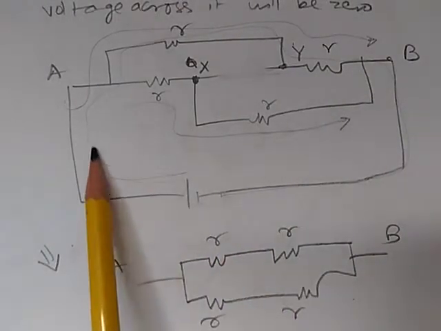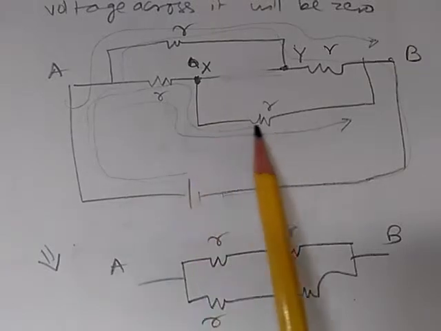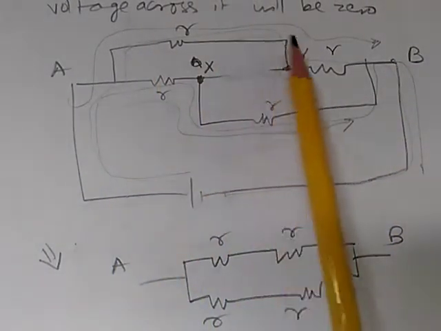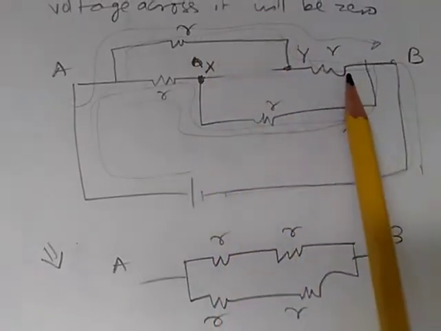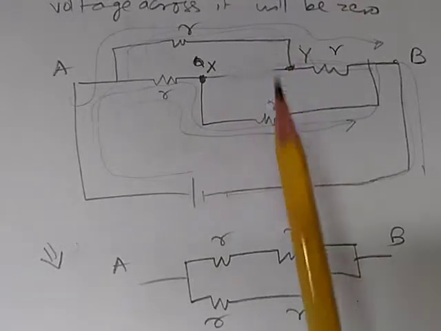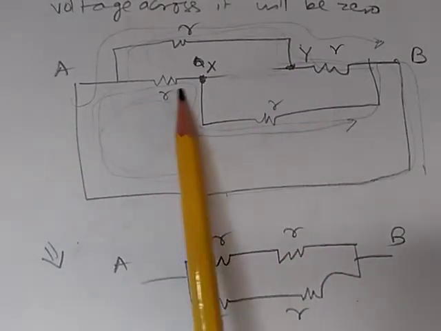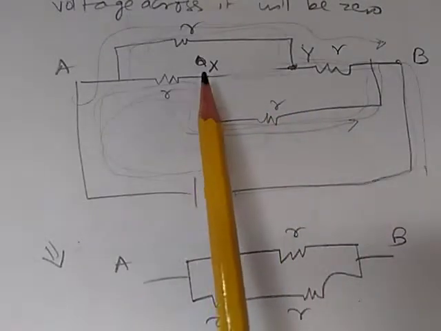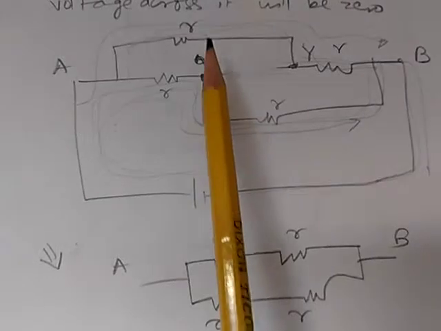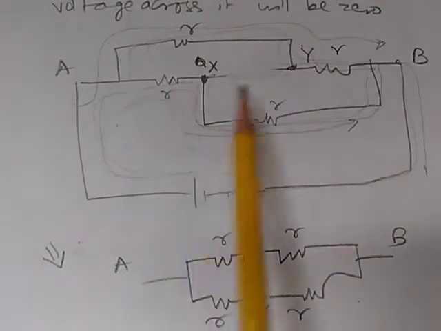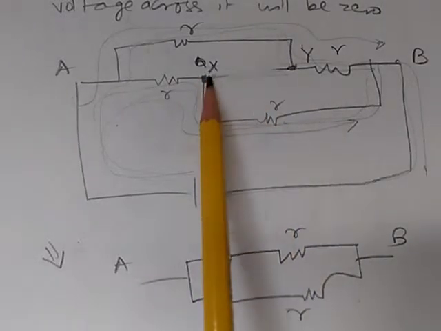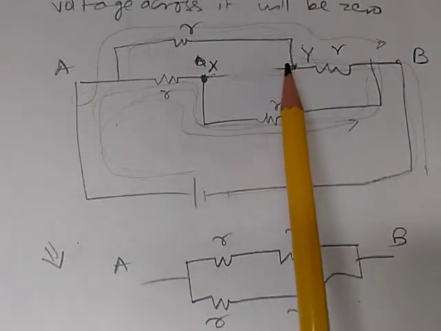Another path is the current flowing like this, this, and this. Now when the current flows like this, resistors R and R make a voltage divider, and we have some voltage at Y. In the same way, we have a current flowing in this branch, and because of that there is a voltage drop, some voltage at point X. Because the ratio of these two resistors R and R is the same as the ratio of this resistor R and R, or 1:1, we know that the voltage at X and the voltage at Y are the same.